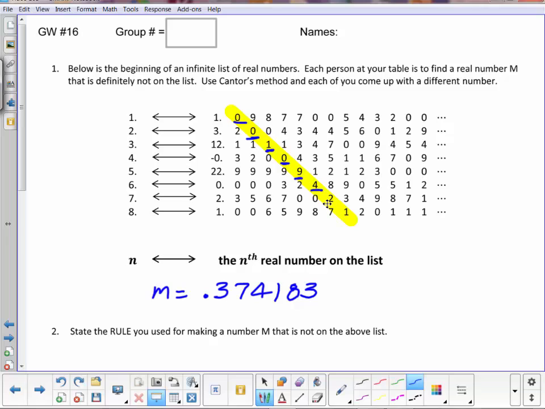Go to the seventh number, seventh position, note what number's there, dodge it, place it in M's seventh position. And in the eighth number, eighth position, I note what's there, dodge it, and put it in my eighth position of my number M. Had I arrived at the nth number on this list, I would go to the nth position and place my dodging number in the nth position of my number M.